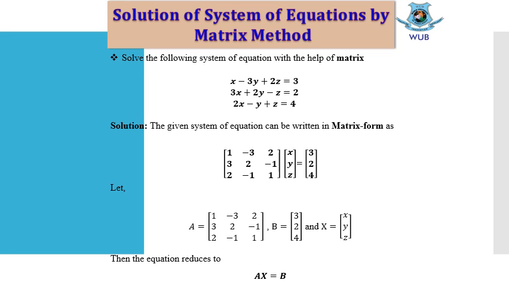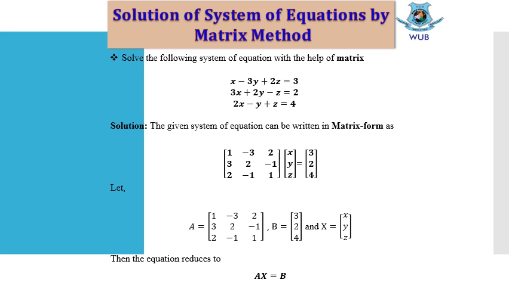Like we have to find out the constant value of each variable, which is for first equation x equals to 1, y equals to -3, and z equals to 2. How we get this? This is the constant value of x, y, and z.